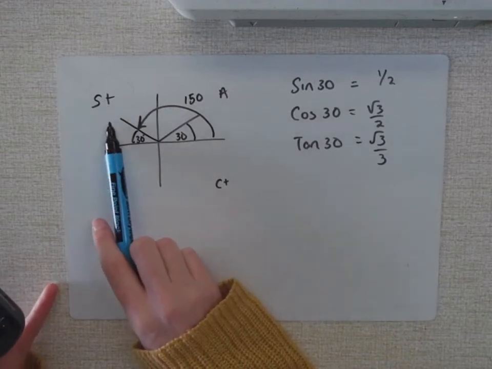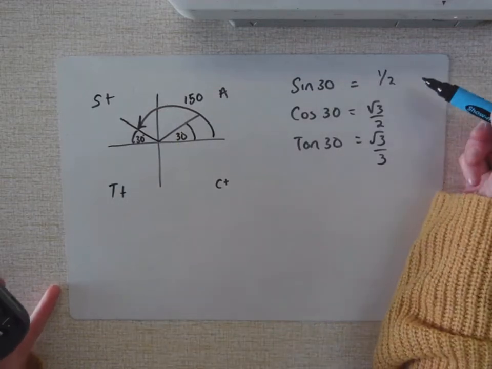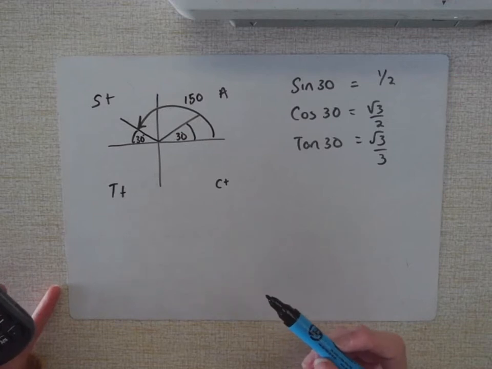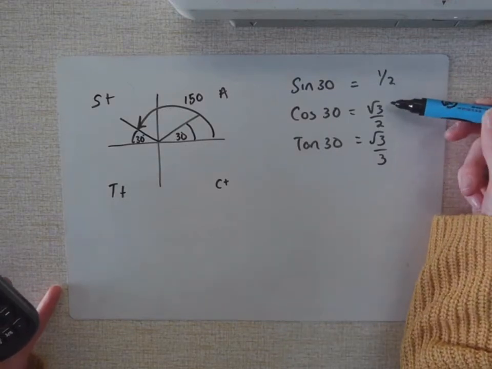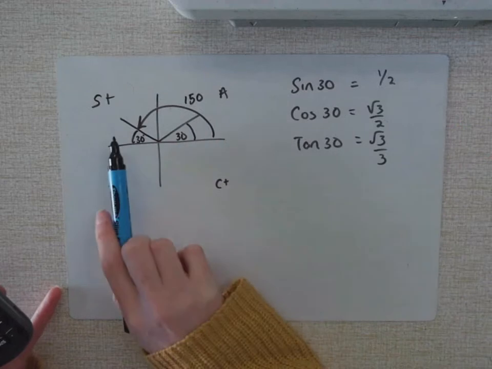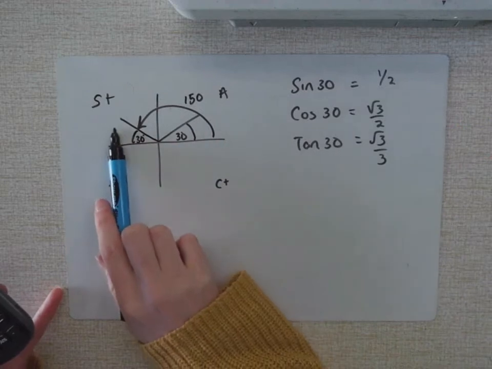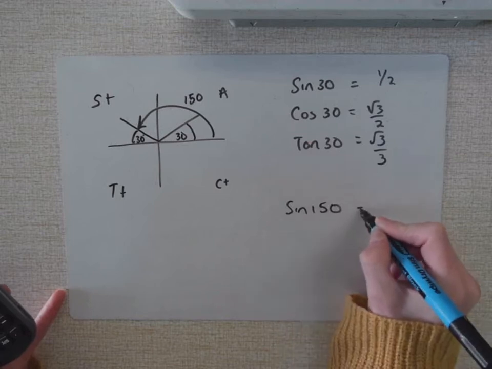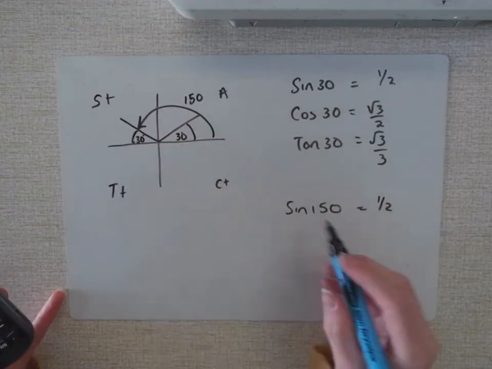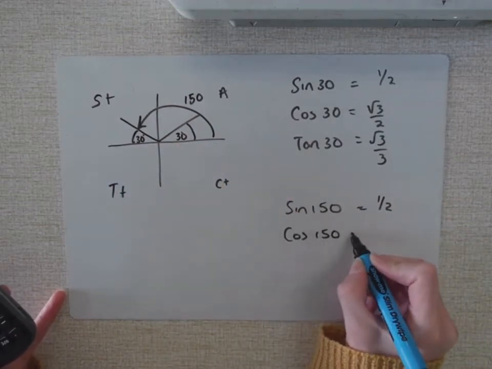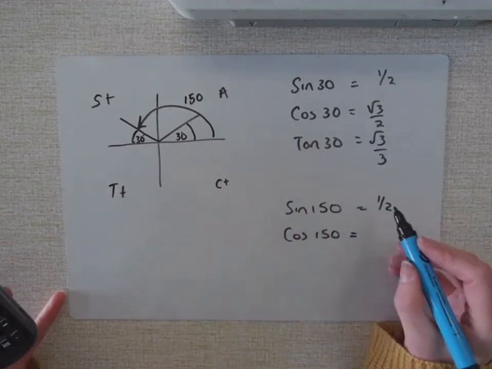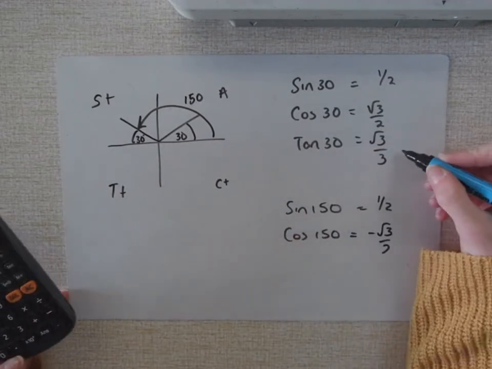So my answer to sine of 150 would be a half. But my answer to cos of 150 would be what? It's the same as cos of 30, but over here, it's a minus. So sine of 150 is a half, a plus. Cos of 150 is the same, root 3 over 2, but with a minus. And that would be the same for tan.